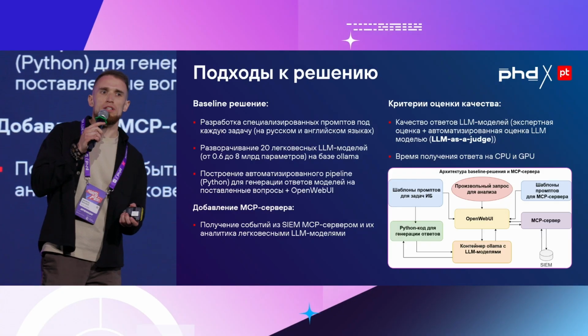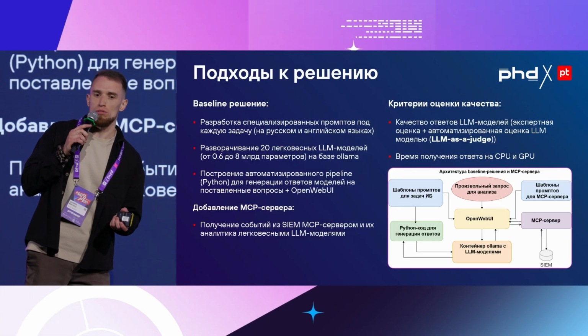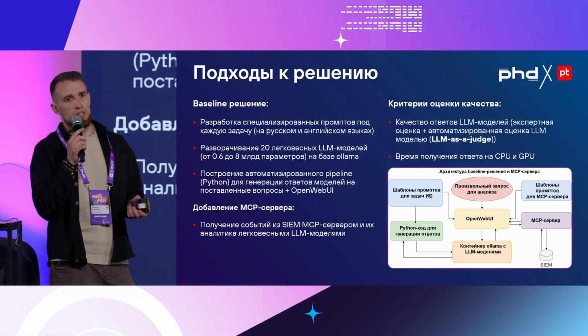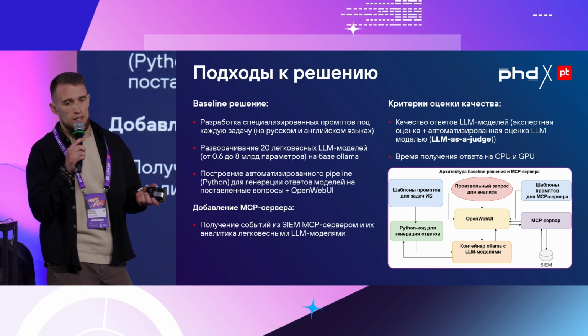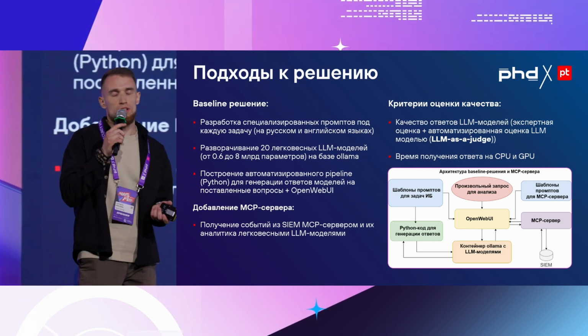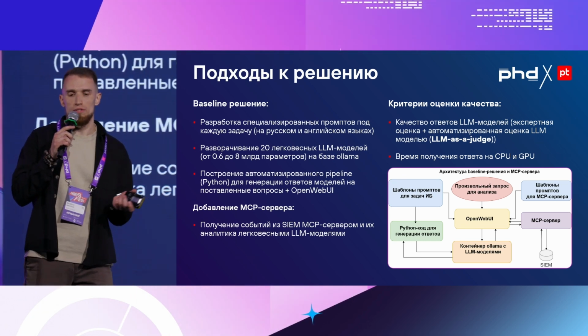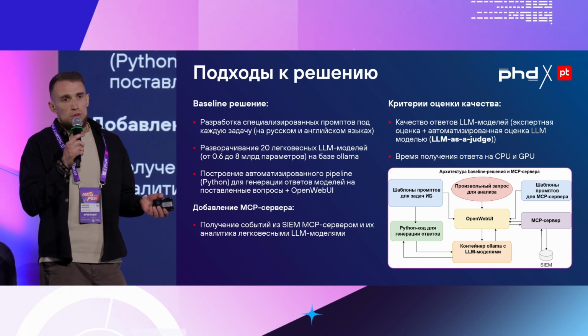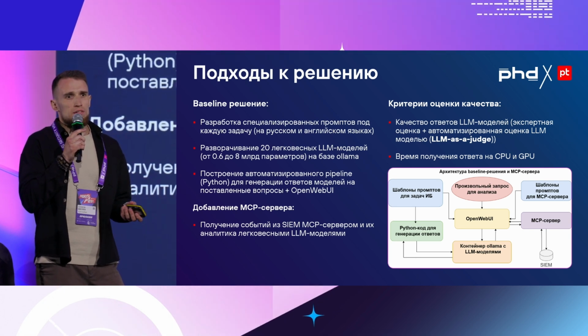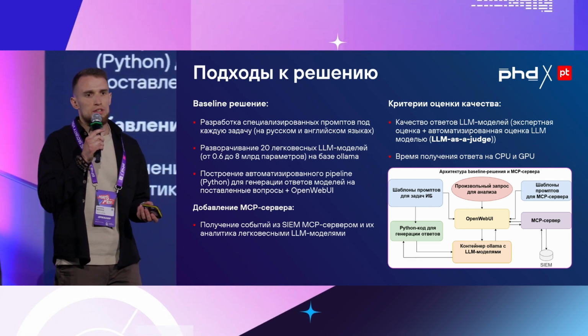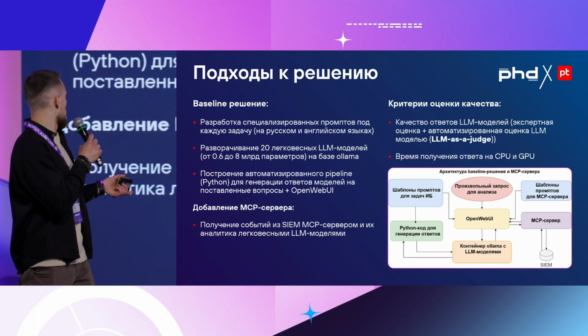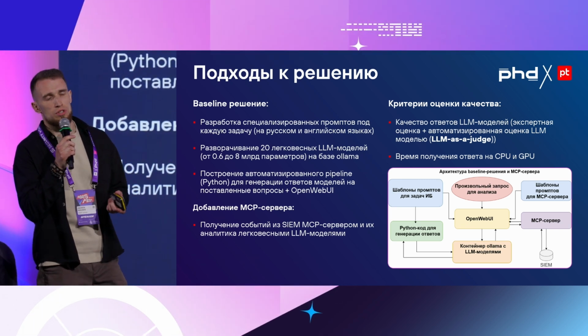We use prompts both in Russian and in English to see if there is a marked difference in dealing with different languages. Also, we took a Docker Ollama container, and then we actually ran 20 models on it. And then we developed an automated pipeline for processing the queries and collecting the answers.